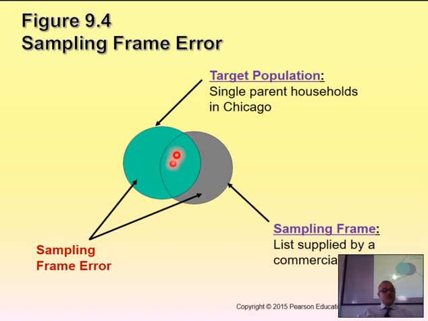And the database that we have may include people who are not really part of our population. So the list supplied by, what does it mean? This is like where we got it from. It is supplied by vendors. You see, from an external source that provided us with the database.